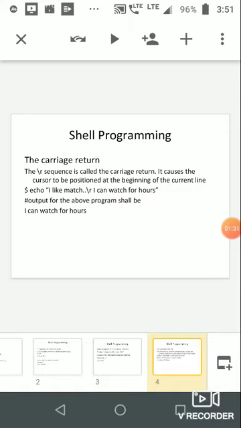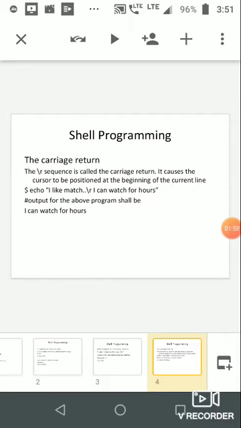Now what is the carriage return? Carriage return actually causes the cursor to be positioned at the beginning of the current line.